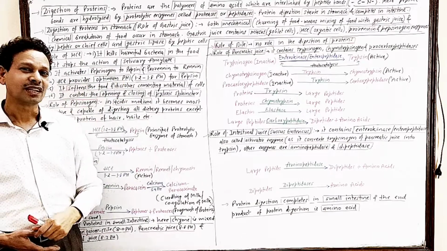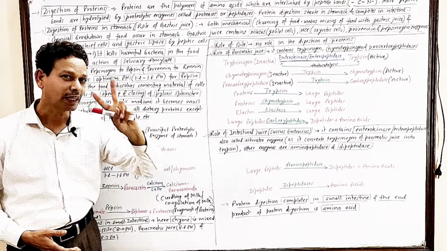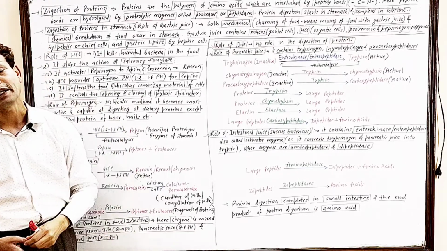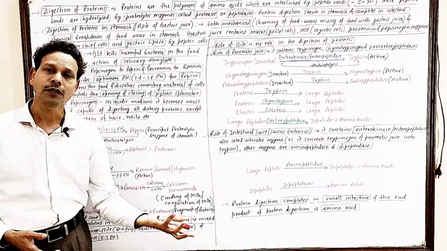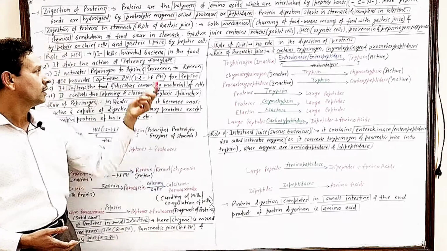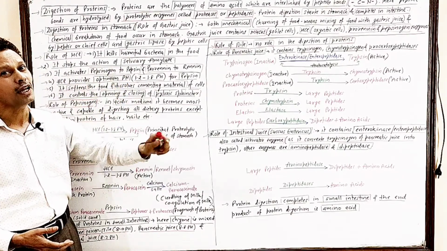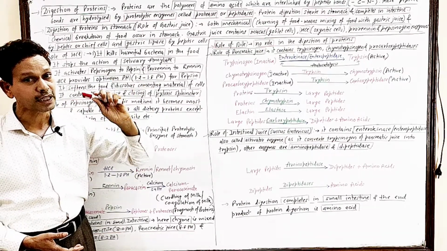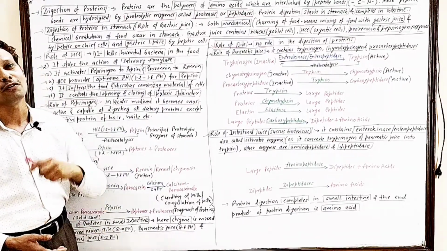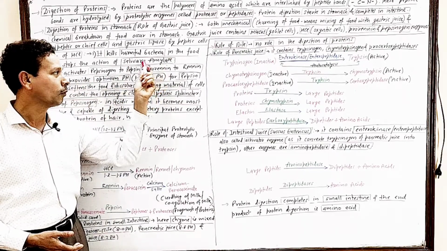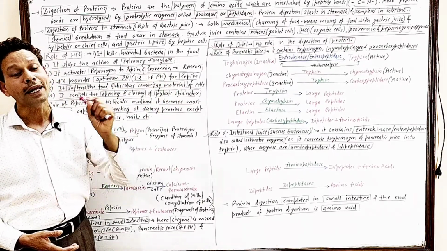In our gastric juice the enzymes produced for the digestion of proteins remain inactive. These are proenzymes. These are pepsinogen and prorenin, and these inactive enzymes are converted into active form, pepsinogen into pepsin and prorenin into renin, by HCl.